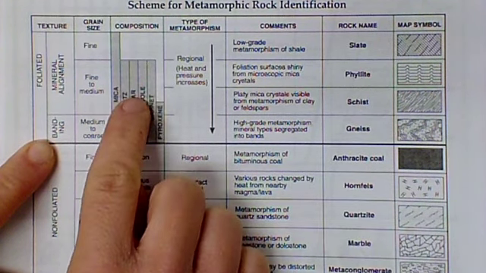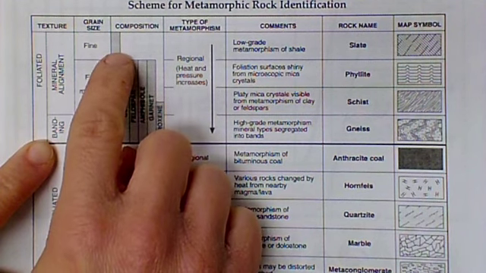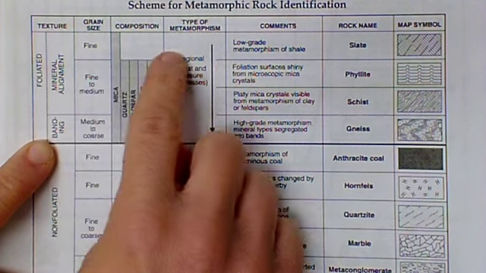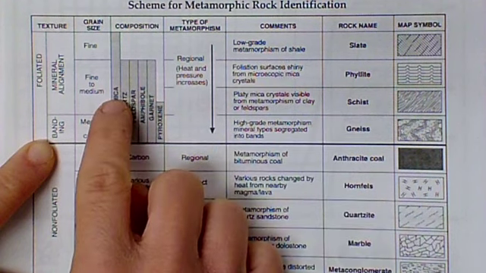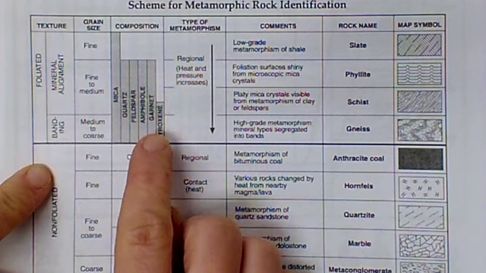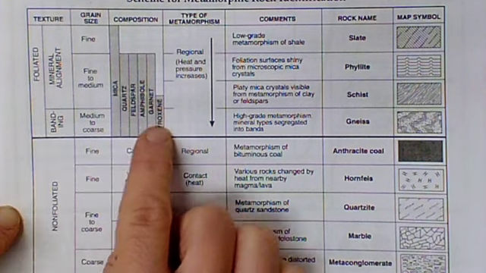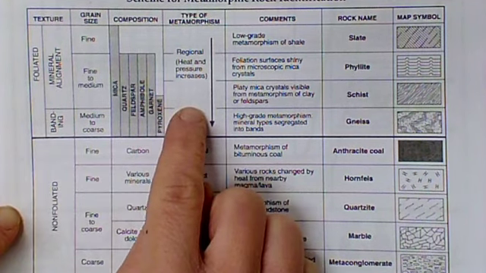So if we look at the composition, that can help us somewhat, because if we go across here, slate is predominantly mica. So we can see the different compositions, and that can help us. Now, we also see that if it's foliated, that is regional metamorphism.